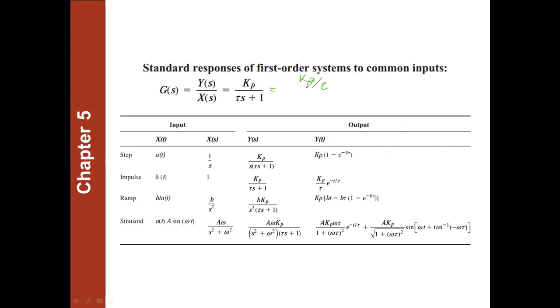Whatever is the constant you see in the numerator over tau over s plus 1. In this case, this is your gain. The entire constant in the numerator.